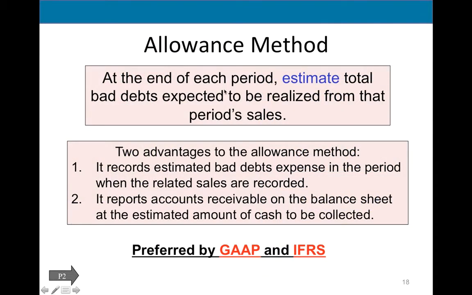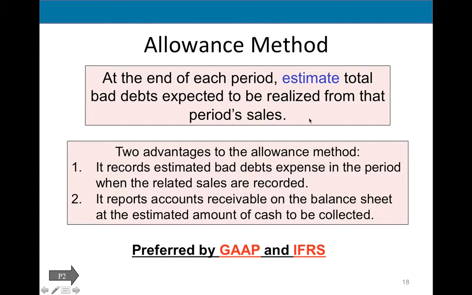So under the allowance method, at the end of each accounting cycle, whatever it is, every month, every quarter, every year, we make an estimate. And when we make an estimate, we have to be very careful here as auditors so that the companies do not cook their books. Anytime you can see an estimate, that means that there is an opportunity to make unethical decisions. So we estimate total future bad debt that we will expect in the future period.